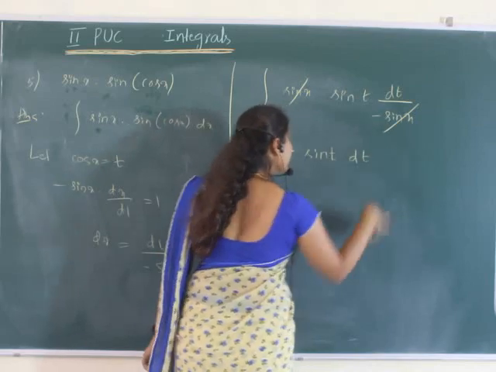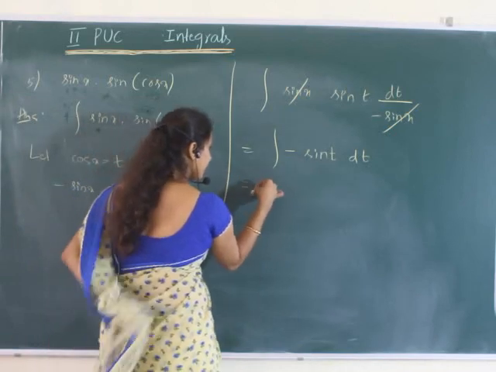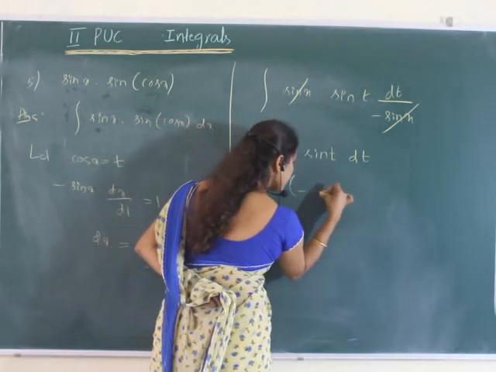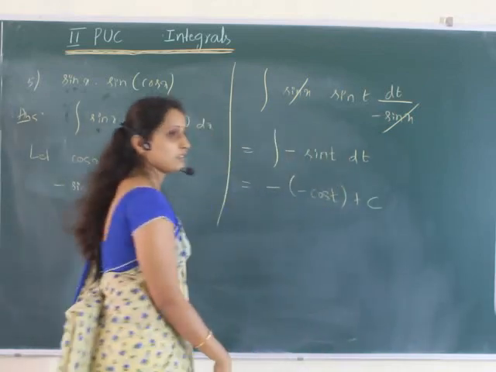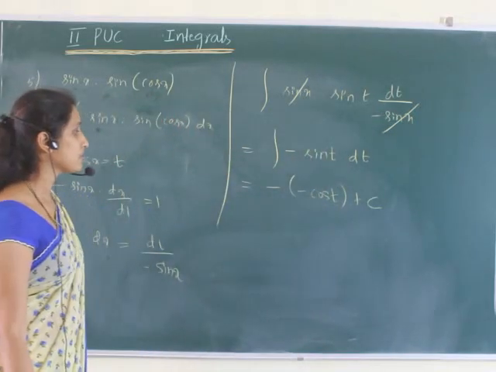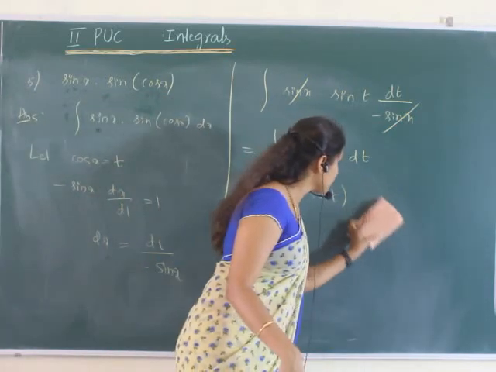We get the integral of minus sin t dt. The integral of sin t dt is minus cos t. So minus of minus cos t, don't add plus c now, add it in a later step.